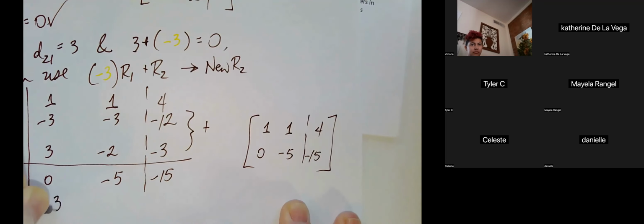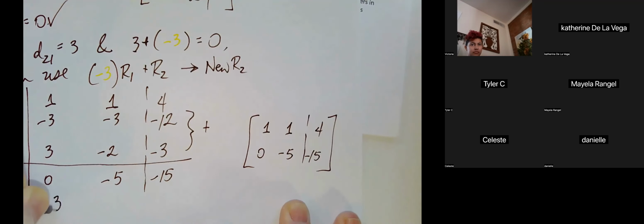And how can we get D22 to be 1? Divide by -5, or multiply by -1 over 5, on both the -5 and the -15. Very good. So we're going to use the command -1 over 5 times R2 gives us a new R2.